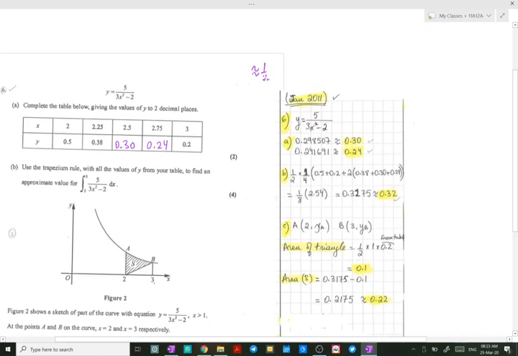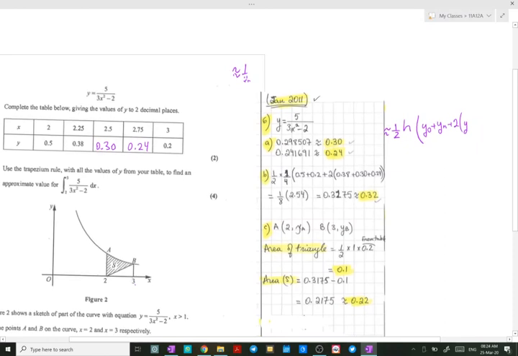So it's 1 over 2 times h multiplied by y0 plus yn plus 2 times y1 plus y2 plus y3.